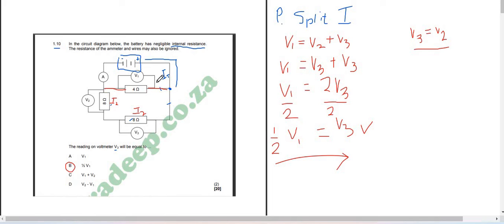So it means that we will have V1 in this branch, but we will also have V1. The total in this branch will also be V1. However, that V1 will be split into 2 because these 2 resistors now are in series, and we know that resistors that are in series, they split the voltage.